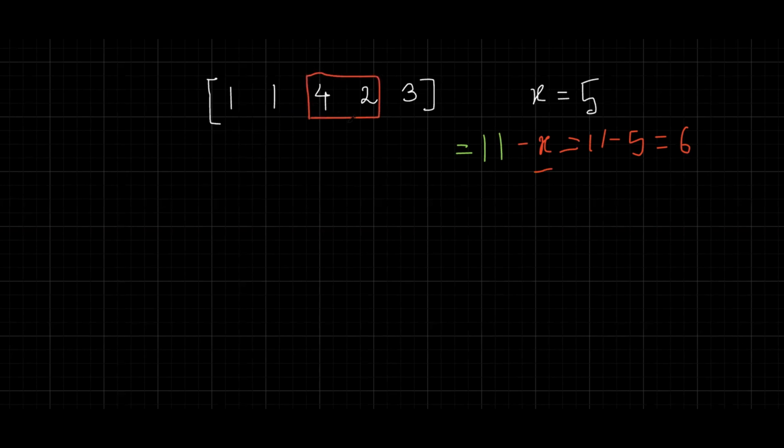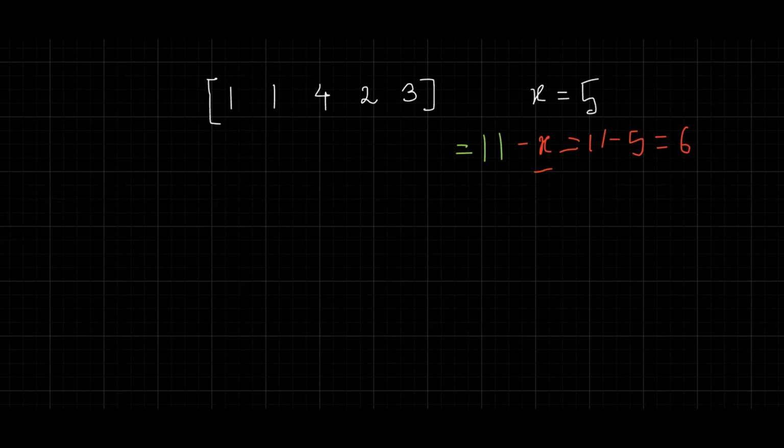Now, what this array basically means is that its summation will be 6. And that means we have removed this element and this element. Their summation will be 5. So 5 plus 6 is 11, which is the total sum. Now, basically, we have to try to expand the sliding window as much as possible.